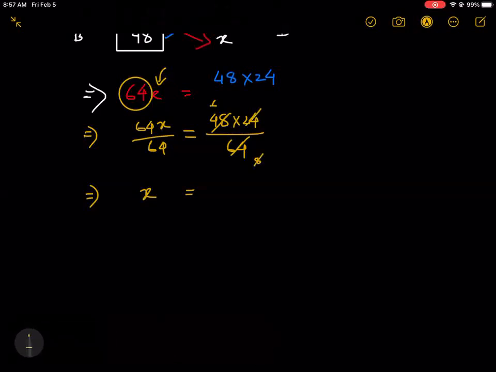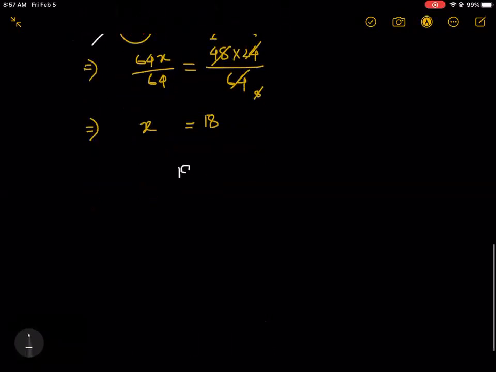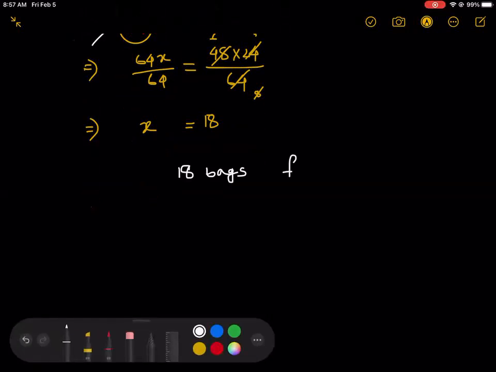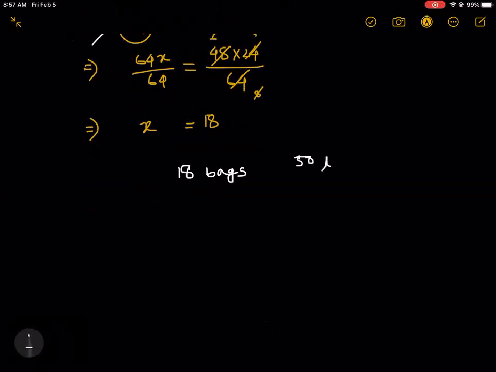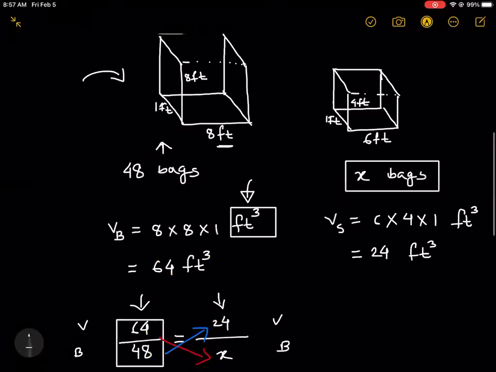It will be 3 times into this, so I think it will be 18. So as per my calculation, you will need 18 bags of 50 pounds to fill that smallish box with sand.